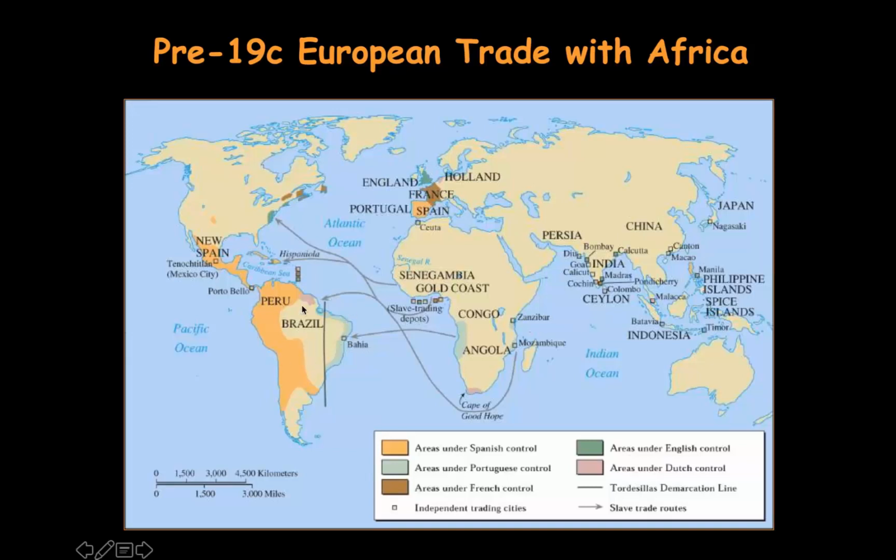We've got Portugal over here in Brazil and parts of Africa. We've got England all over the place, eventually all the way up here in Canada, and of course the 13 American colonies, which will get their independence finally. We've got all three of these major nations, Britain, France, and Spain, over here in India from time to time. Eventually the Dutch will get involved in this as well. And then, of course, over here, the Philippines.